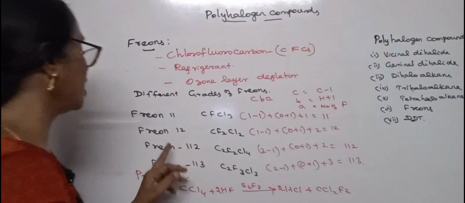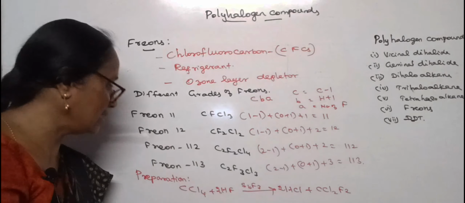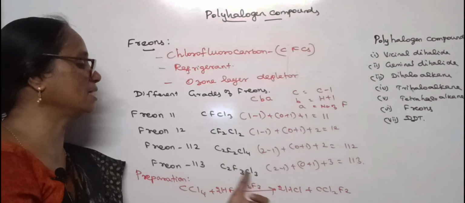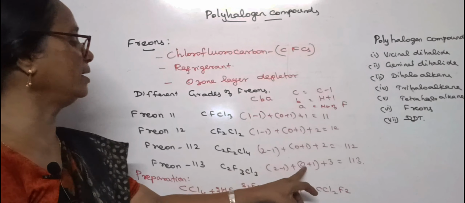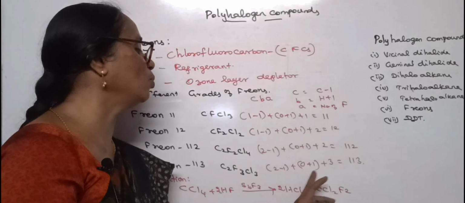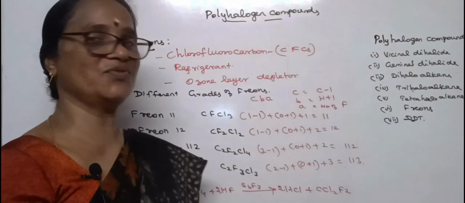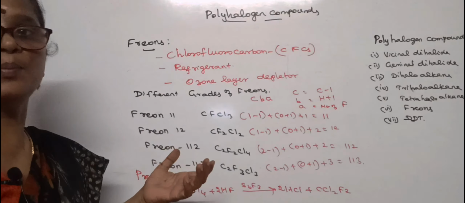The code for C2F2Cl4 is 112. And one more, C2F3Cl3: carbon 2 times, 2 minus 1, no hydrogen, 0 plus 1, but the fluorine is 3 times, and it makes 113. So these are the different grades given to freon for commercial purposes.